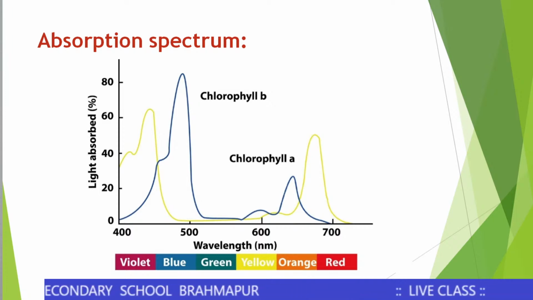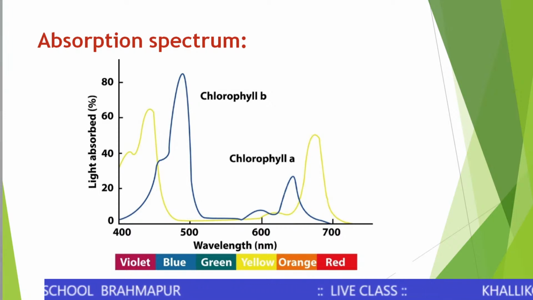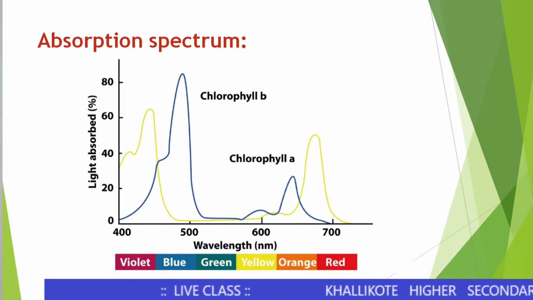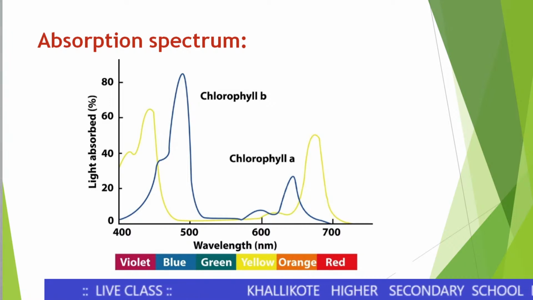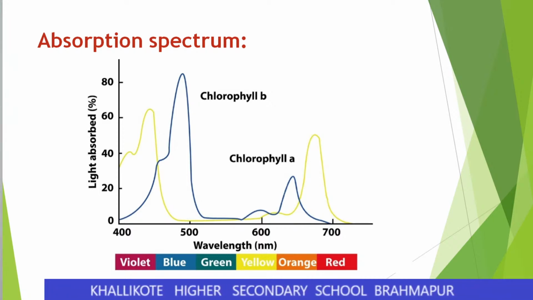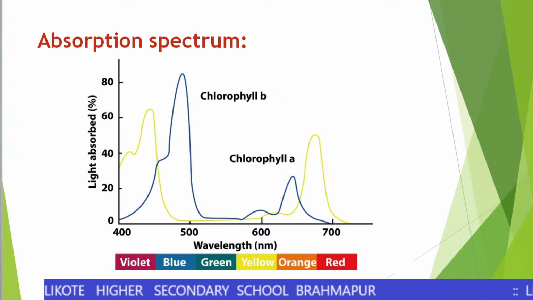For chlorophyll A and chlorophyll B, we see two graphs plotted for the amount of absorbance of each wavelength of light. In both cases we see two peaks.